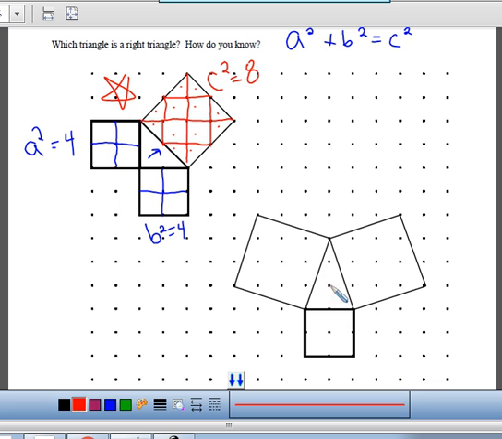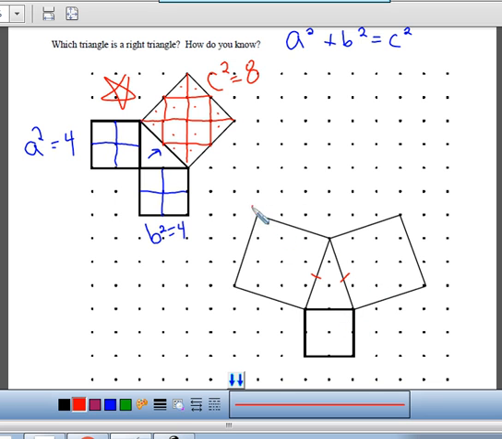Now, when I'm looking at this other one over here, one of the problems is I cannot tell which side is the longest side. Actually, this side and this side look like they are the same. So if I have an isosceles triangle like this, and this is the shorter side, in other words, the two sides that are the same are the longest, there is no hypotenuse.